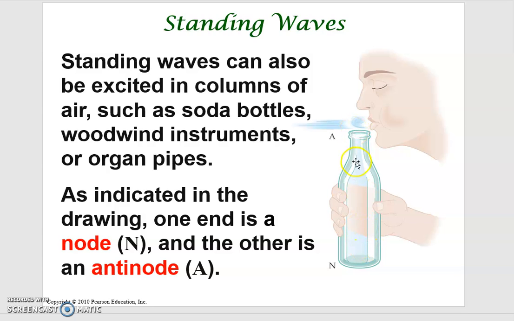This kind of instrument can also produce the standing wave. For example, organ pipes or a bottle: when you blow through a soda bottle, you can produce some pitch. They are all the concept of the standing wave propagating and being produced in this kind of instrument.